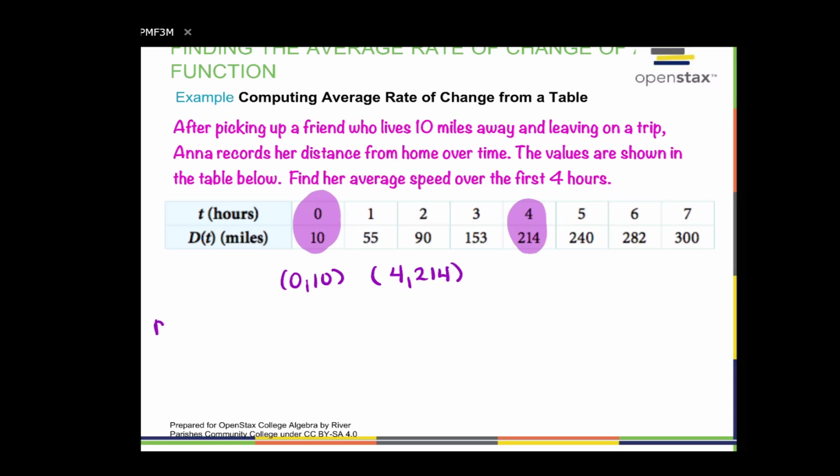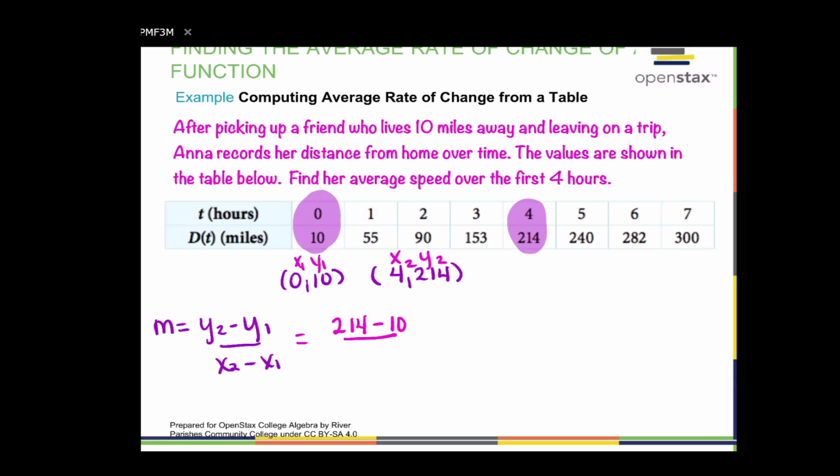So here's the basic formula for that. It's the same as slope, which is y2 minus y1 over x2 minus x1. If we label our x's and y's, here's the x and y of the first point, so x1, y1, and here's the x and y of the second point, so x2, y2. I'm just going to substitute those into the formula. So y2 is 214 minus y1, which is 10.